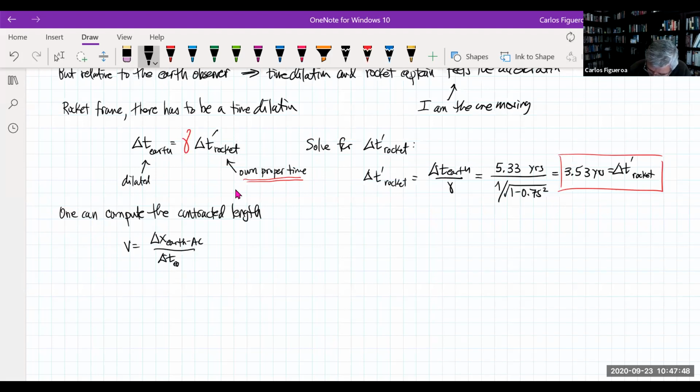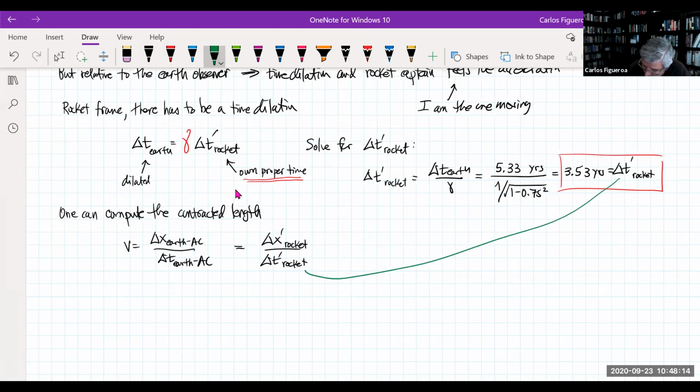We know the time, we know the distance, but this is exactly as what? The observer on the rocket says that I also see that relative velocity to be the same. And what we just calculated right here is this guy right there. But we know what this velocity is.